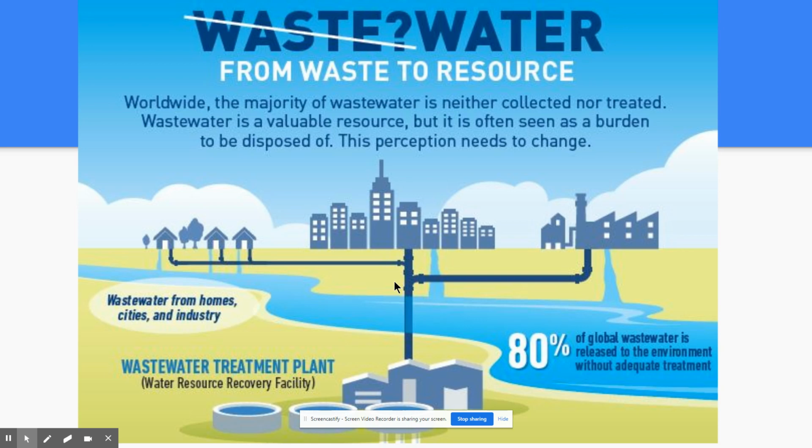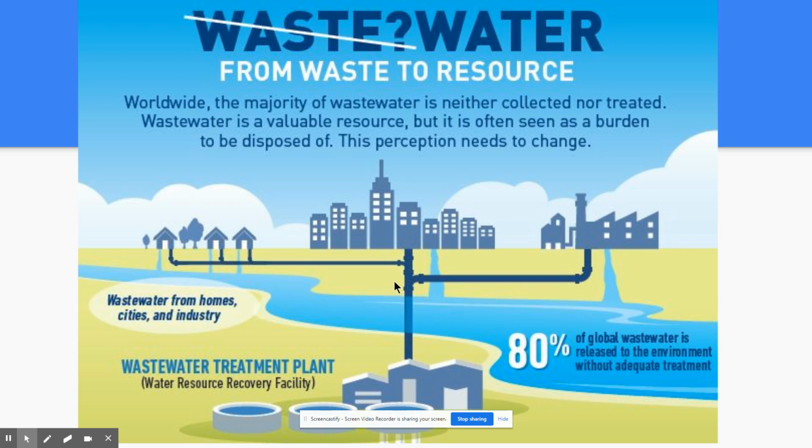Now, I know this sounds crazy, but it is very important that we take what we put down the toilet, the water we put down the sinks and down our showers, and we clean it so that we can reuse it. 80%, write this down, 80% of global wastewater is simply released into the environment without being treated.